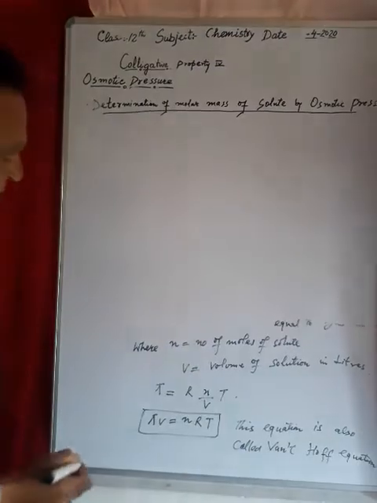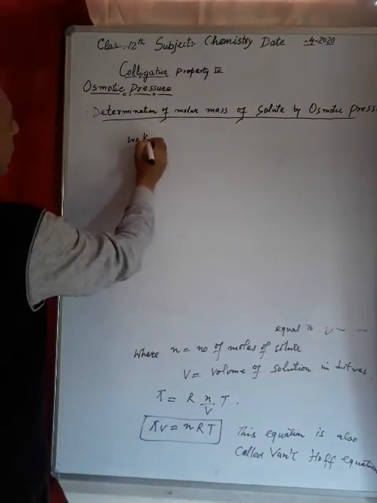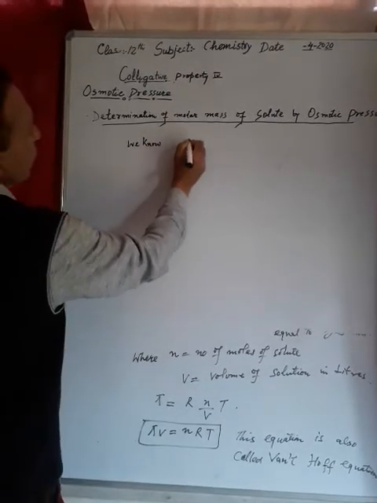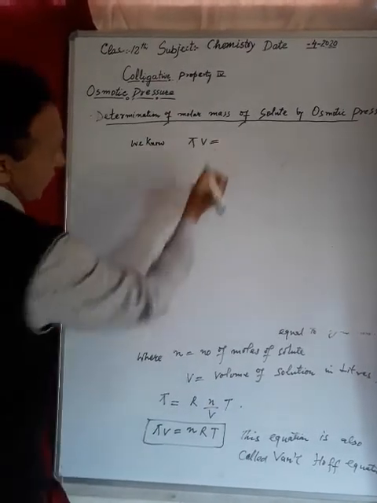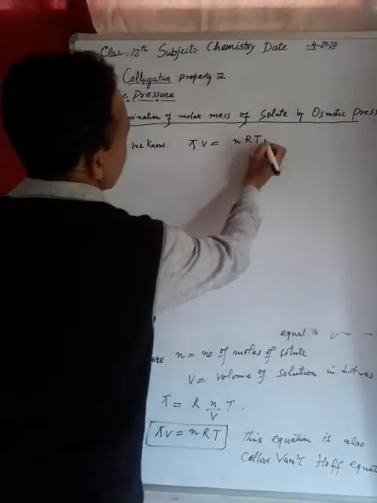Now we have the expression for the osmotic pressure. We know pi V is equal to n R T.